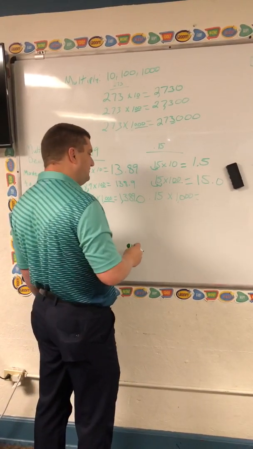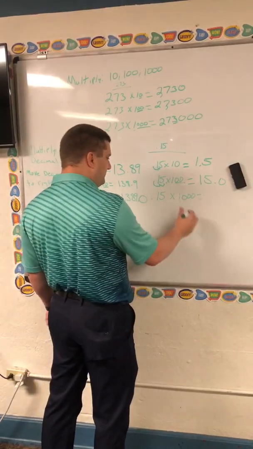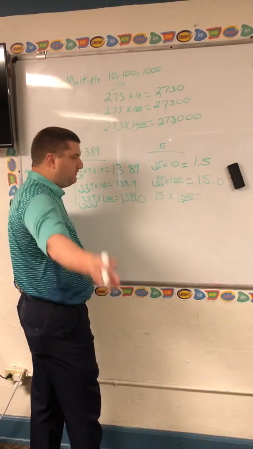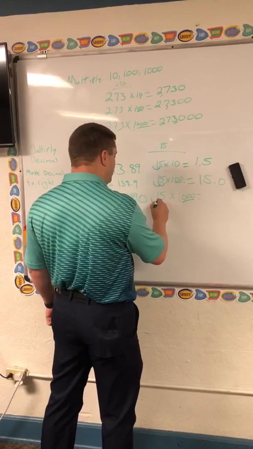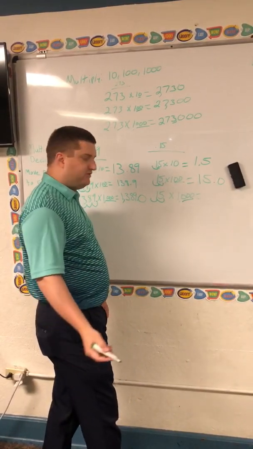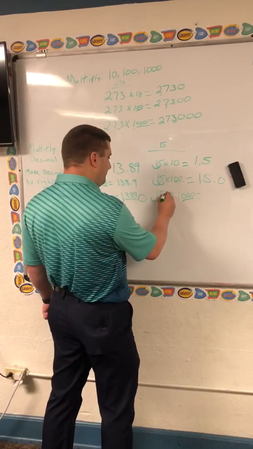And your last one is 0.15 times 1,000. 3 zeros, right? So you got to move your decimal over to the right 3 spots. So 1, 2, uh-oh, there's not another number there. So what do you do? You annex a 0.